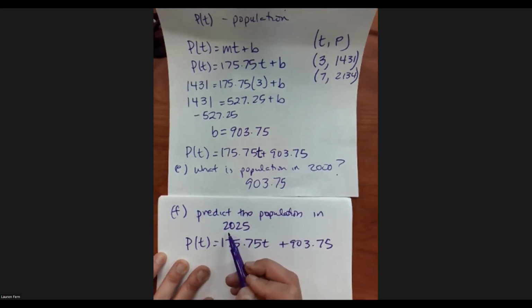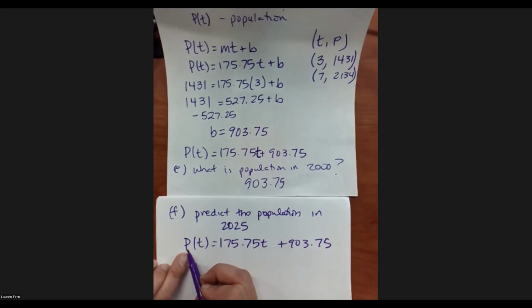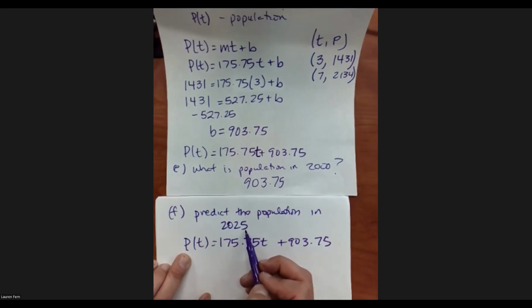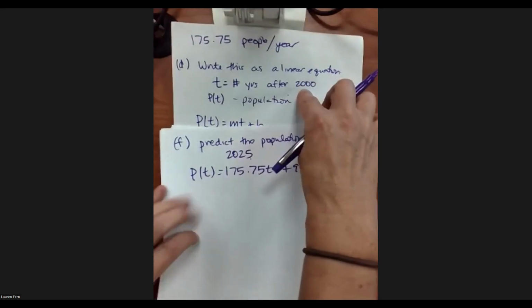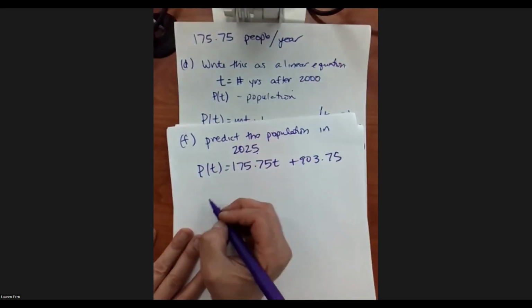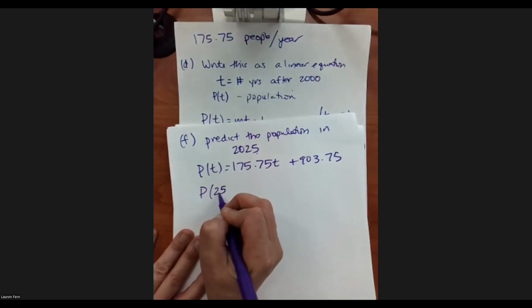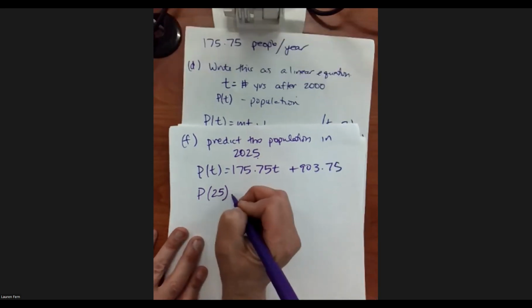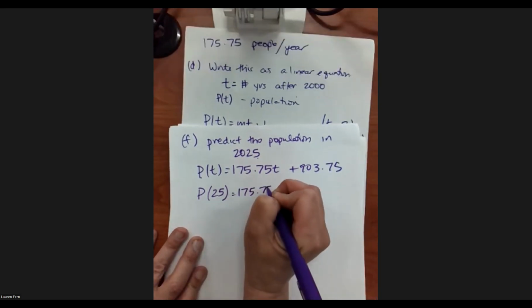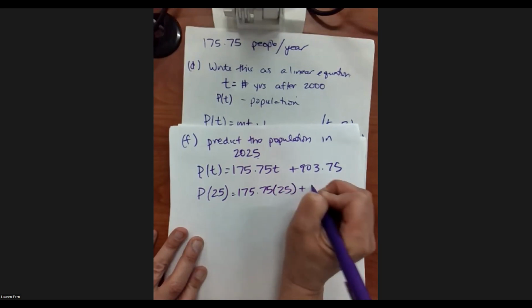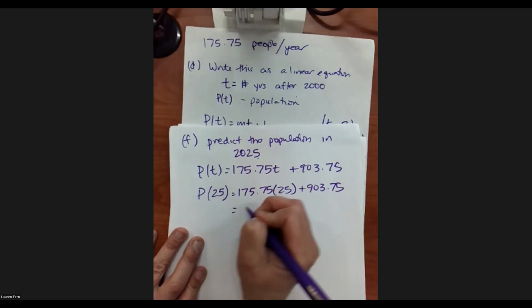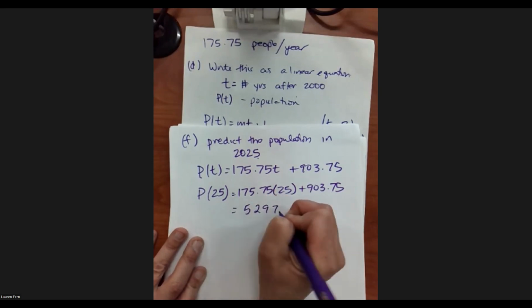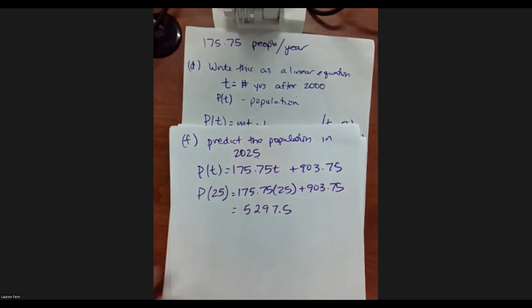And since we want to know the population, we're looking for P, we've got to figure out what T is. And just like you mentioned, since T represents the number of years after 2000, what we're computing is P of 25. And we're going to get a half a person.